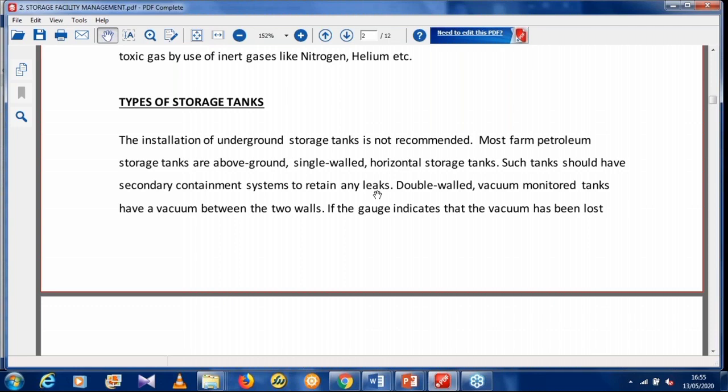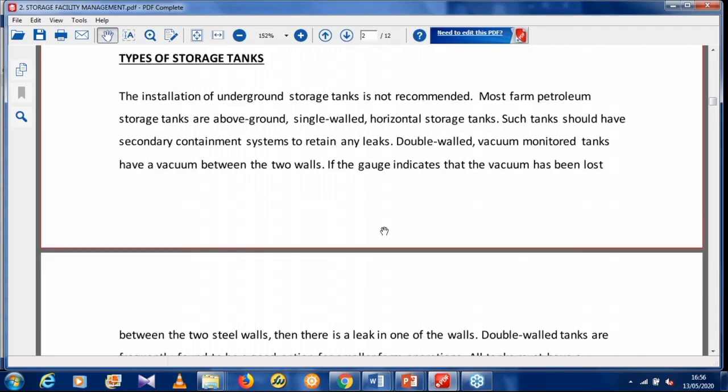Double walled vacuum monitored tanks have a vacuum between the two walls. Then we also have the bund wall that is usually erected around these tanks.